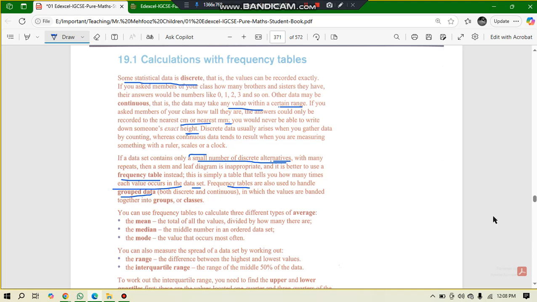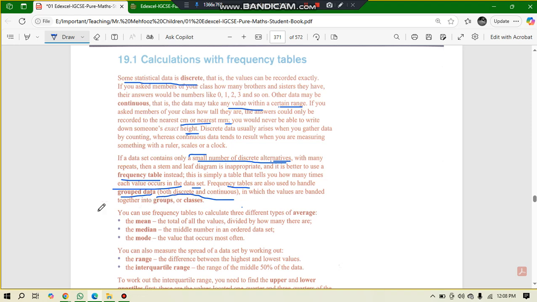After that, the grouped and ungrouped data are classified into discrete and continuous as well, in which the values are banded together into groups or classes, that is, written in the form of groups or classes.